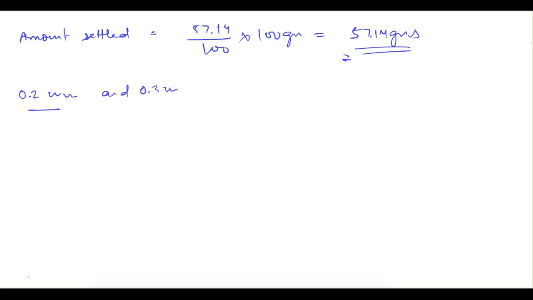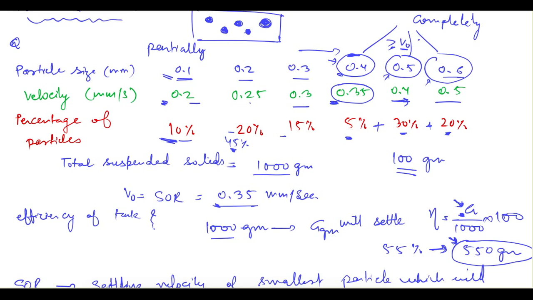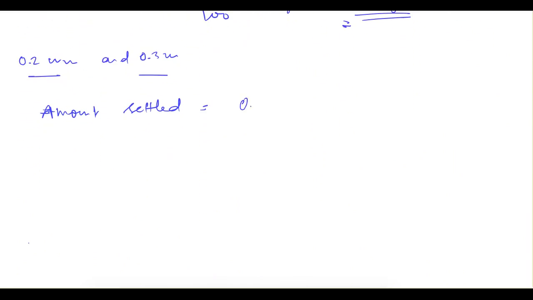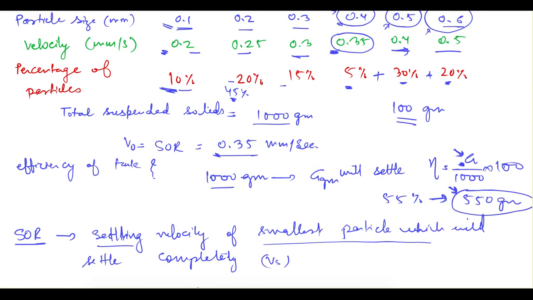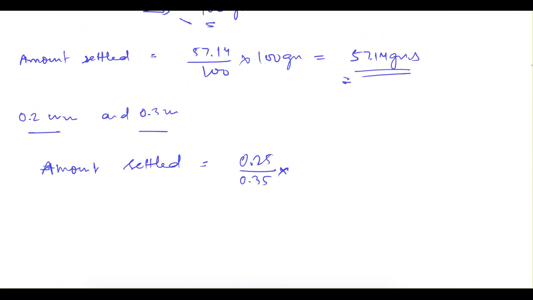For 0.2 and 0.3 mm, what is the settling velocity? For 0.2 it is 0.25 and for 0.3 mm it is 0.3. So that is 0.25 divided by 0.35 multiplied by its total amount. The total amount for 0.2 mm is 20%, which means 200 grams. That will give you the amount settled for this 0.2 mm particle size. Similarly, we can obtain it for 0.3 mm.